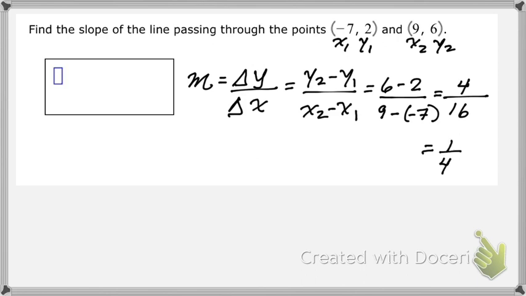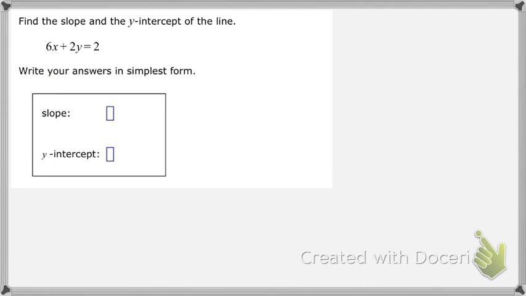So that would be our slope over here, 1/4. Of course, that is a calculation that is specific to lines. Lines have slopes.